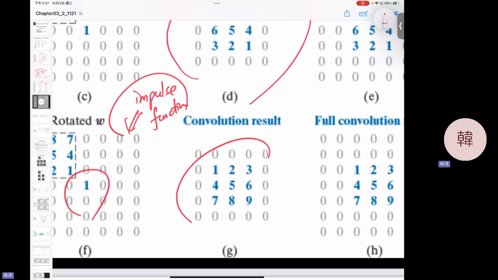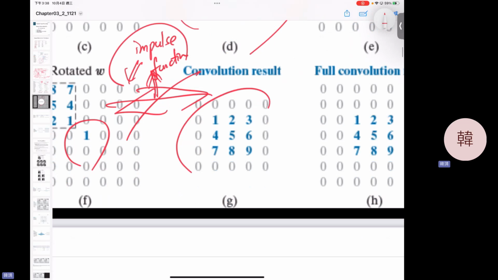For two dimensions, it's an impulse function. It's just like this one. It's an impulse at the center, nothing outside. Mathematically, an impulse convolved with any signal gives back the signal itself. So you can see convolution is a much more important operation in your system filter design.